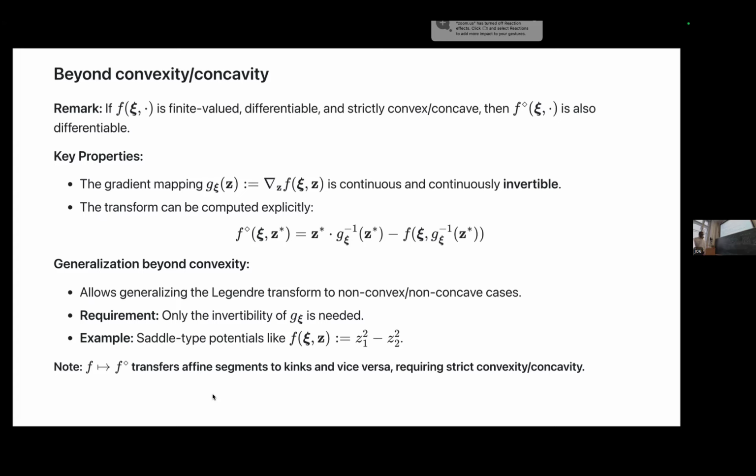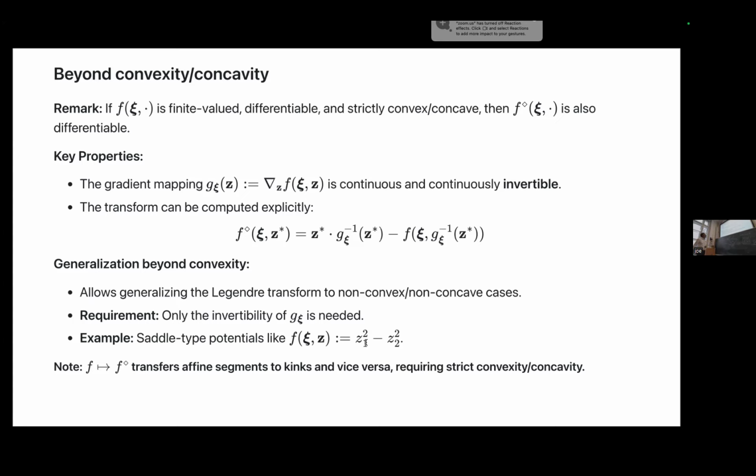The point is that there are situations where the energy is not convex, but nevertheless, the gradient of the energy is invertible. For example, the typical case is when you have a saddle point. So let's say you have a function like this. This is a non-convex energy. Suppose that this is our energy. You see that this is non-convex, but the gradient is invertible.